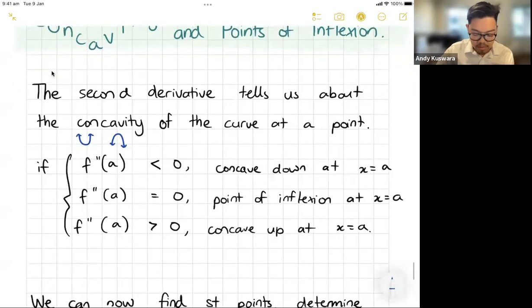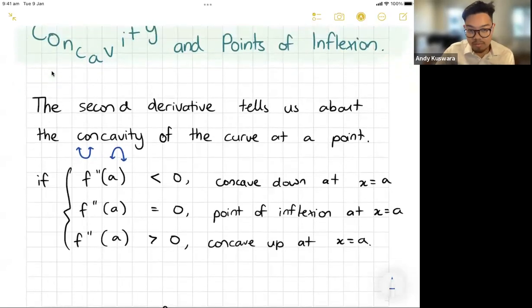We've seen this before, but I'm just going to put it here because it's specifically talking about concavity. If your f double dash is less than zero, that means we're concave down. I think of it this way: if it's negative, you're sad. So that means you're concave down at x equals a.